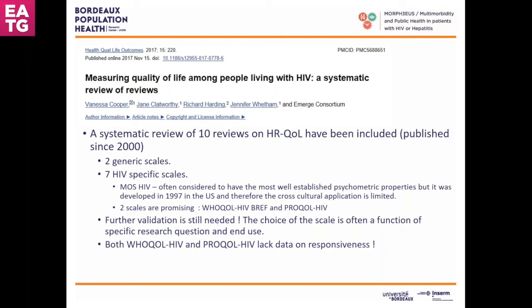Now, further validation is still needed. And the last point here is just that the choice of the scale needs to always be a function of the specific research question and the end use. And these two scales that are otherwise promising are still missing that data on responsiveness.